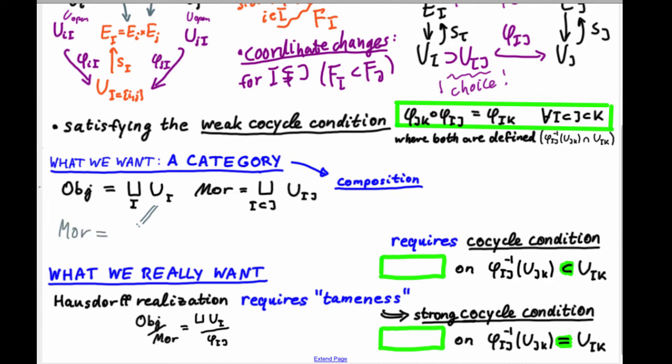Let me take my morphisms. Well, I need identities first. So I'm going to start with a copy of the objects, and I'm going to call it U capital I, with the trivial transition map, that's just the identity. And then I'm going to add all the U_ij for i not equal to j.